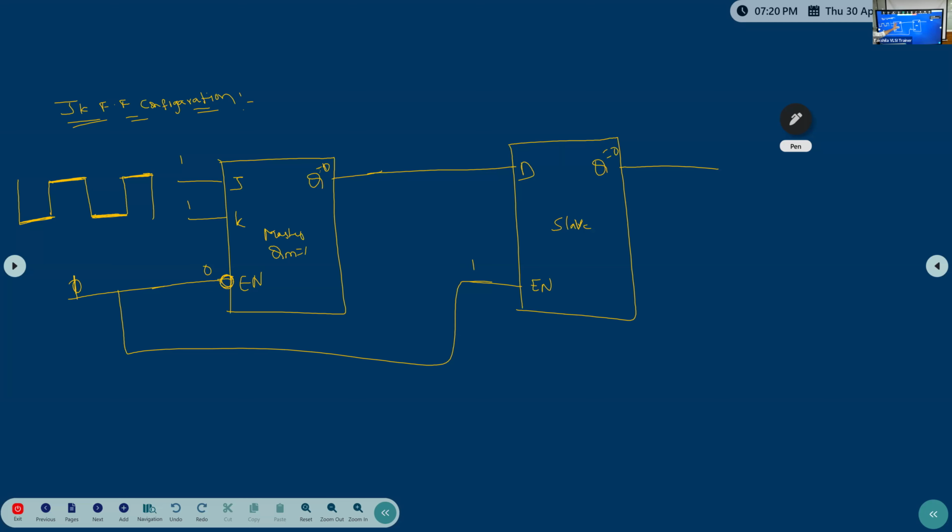So now how are we making this? How are we overcoming the race around condition? In the latch, if you observe, the timing arc will be directly from input to output. In the flip-flop, the timing arc will not be direct.